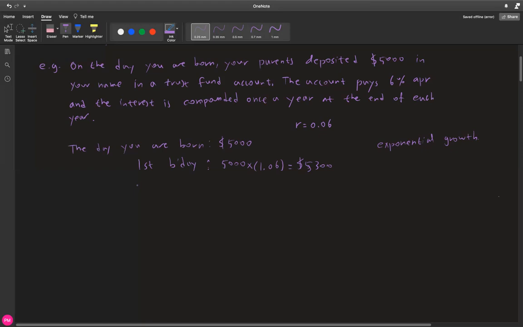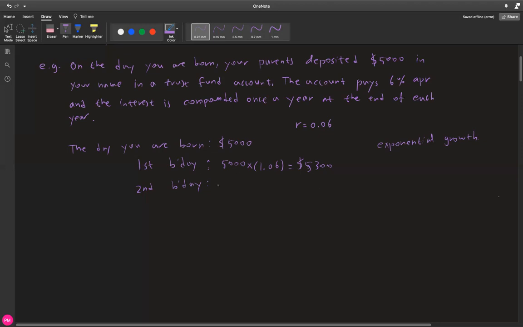So that doesn't sound too bad, right? But what about on the second birthday? So the compound interest works like this. So after first birthday, you have $5,000 and $300 in your account. On the second birthday, you're not only taking the interest from the original $5,000, but you're also taking the interest on that $300.